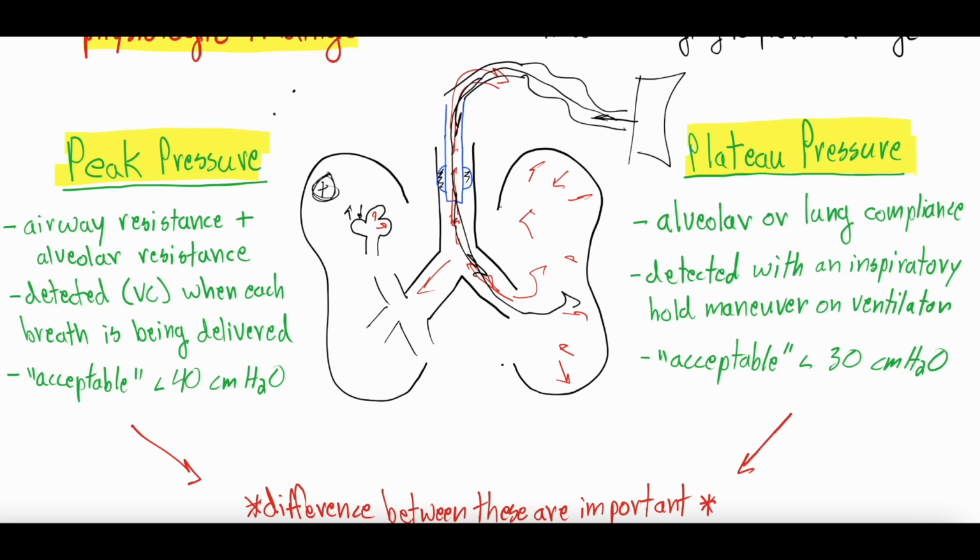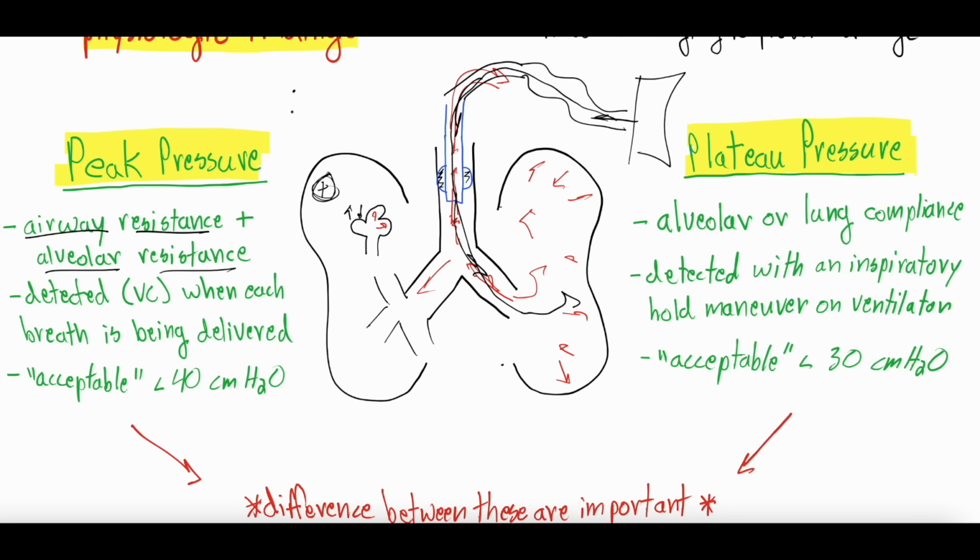So it's really a manifestation of the airway resistance and the alveolar resistance, because those are the two things that are happening. The breath is traveling through the airways, and then it's inflating the alveoli. So the resistance of those airways and the resistance of those alveoli are what is going to create the pressure that the ventilator experiences while it's trying to deliver a breath.